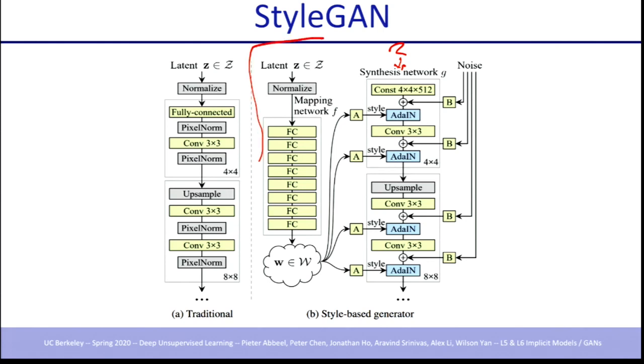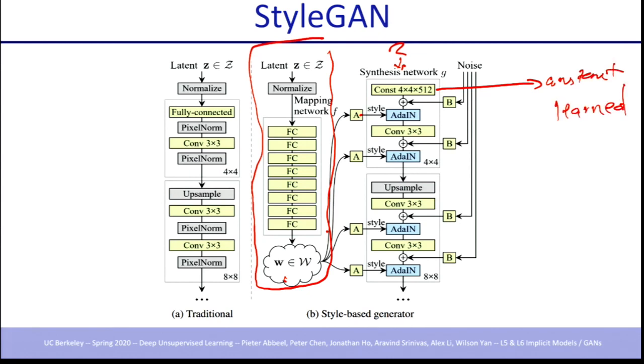You just take the Z and you have an MLP that maps Z to another W. And all you want to do is take the W, adapt it in terms of what you feed in at various levels, but don't feed anything directly. You just start with a constant vector. So this is a constant learned vector. And there's no stochasticity here. The only stochasticity comes from feeding W's at different levels.